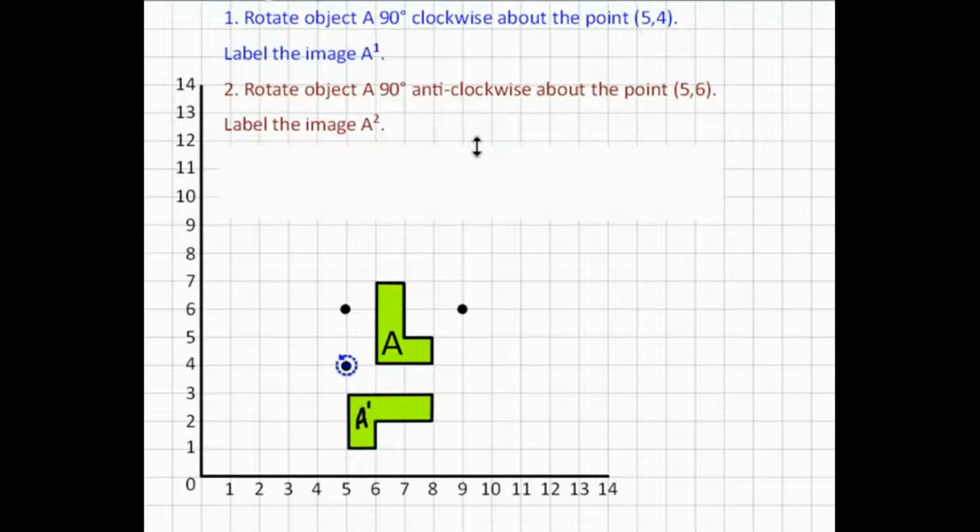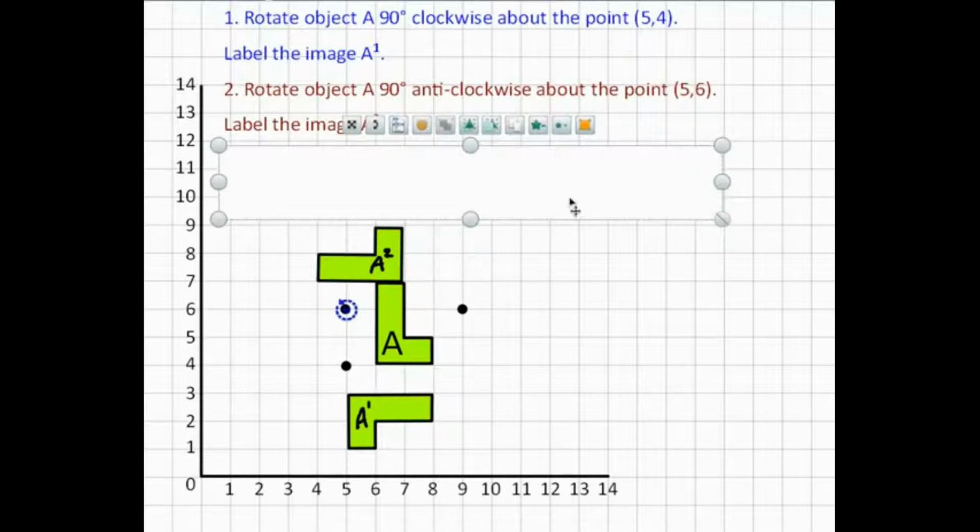Now rotate object A 90 degrees anti-clockwise about the point 5,6. That's there. And it says to rotate it 90 degrees anti-clockwise, that would be this way. So A2 is there.